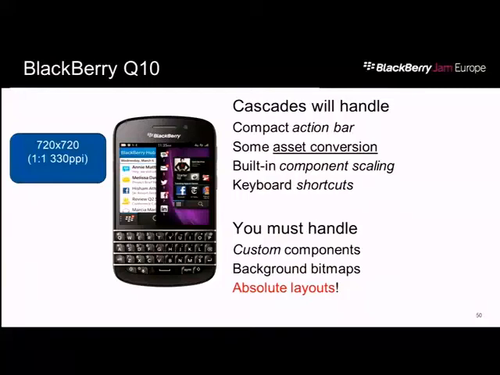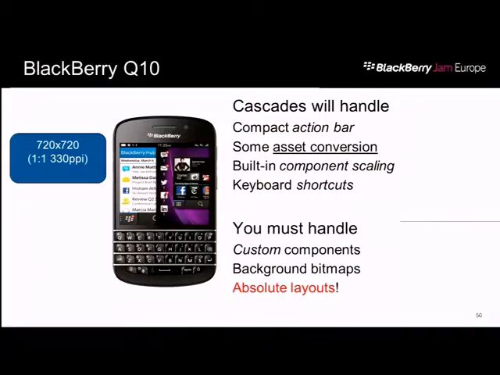In terms of asset conversion, if you saw the keynote, Johan was talking about 9-slicing. If you partition your image so that you tell the image how it's going to scale, then Cascades will scale that image for you. So it's something worth considering.